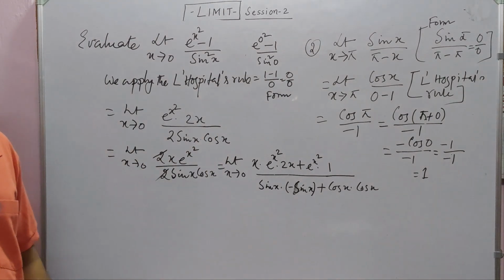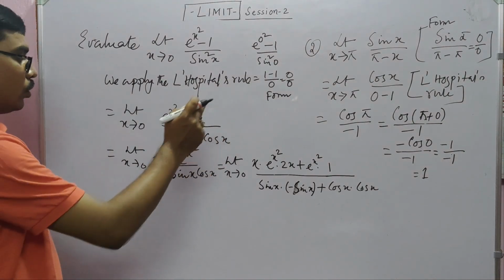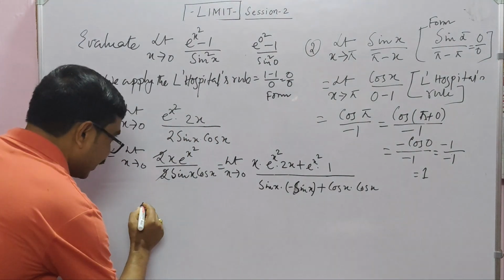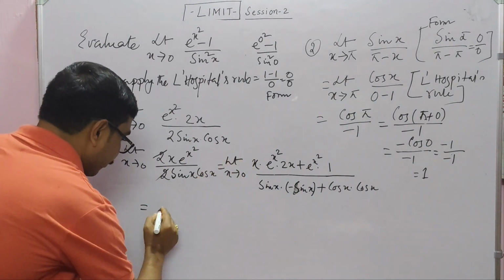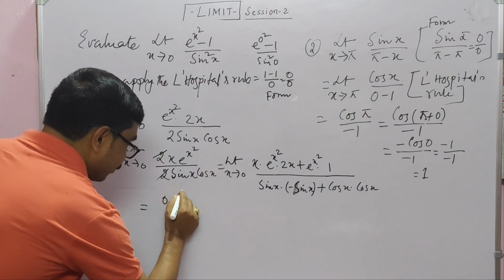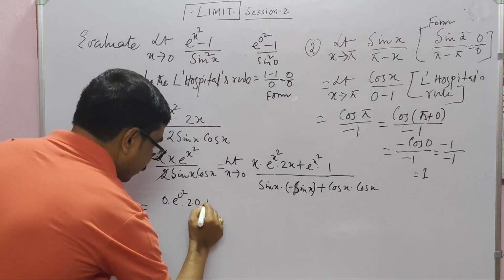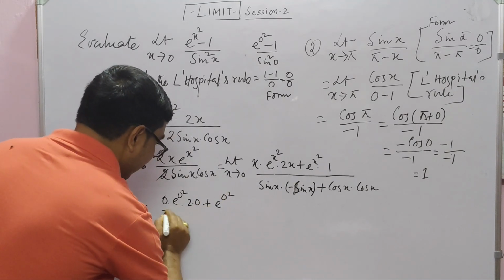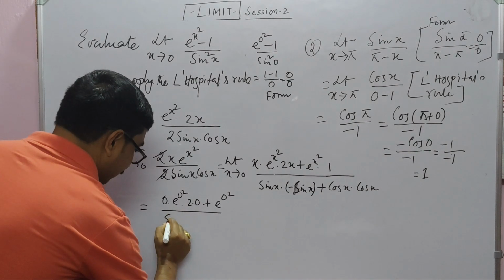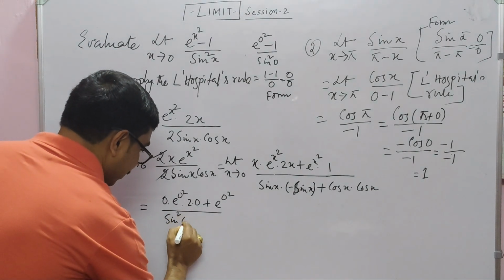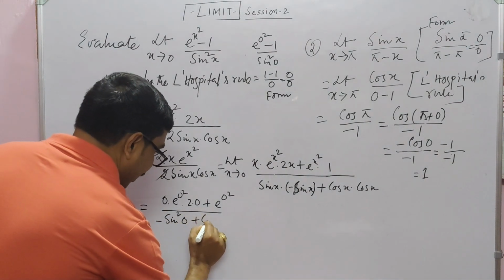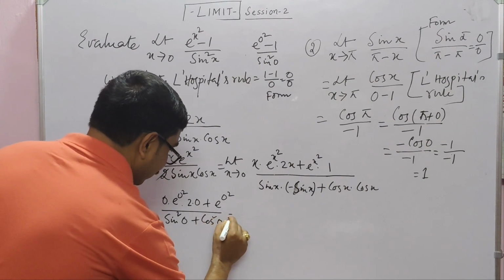So it is no longer of indeterminate form. Now we put the value x equal to 0 into e to the power 0 square into 2 into 0 plus e to the power 0 square, by sin 0 into sin square 0 minus, plus cos square 0.